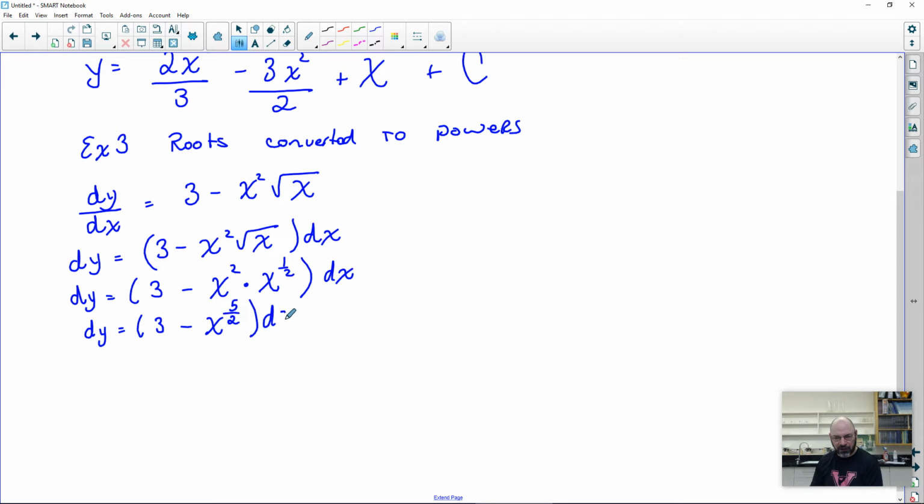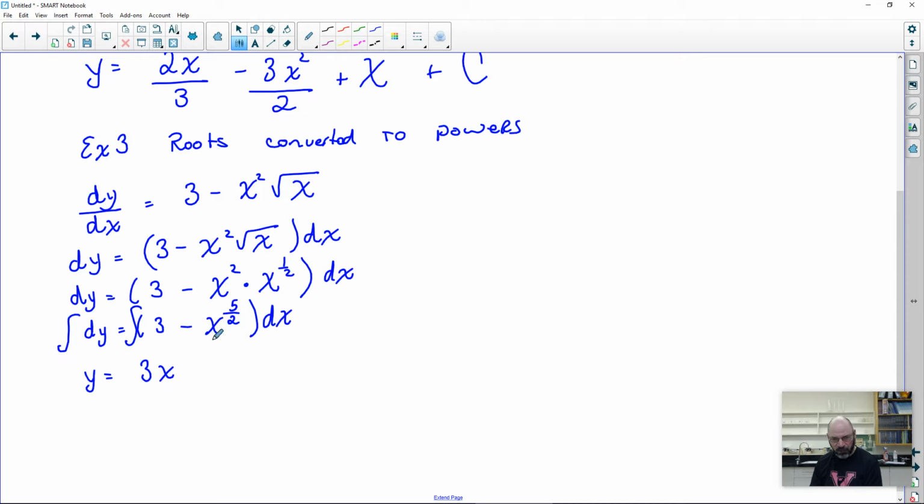Okay, now we can use the rule because we have this one and this one just with powers. So now we can just integrate it. Stick our integration signs in there. Okay, and we've got y equals 3x. Now we've got to be careful with this one because it's a fraction.